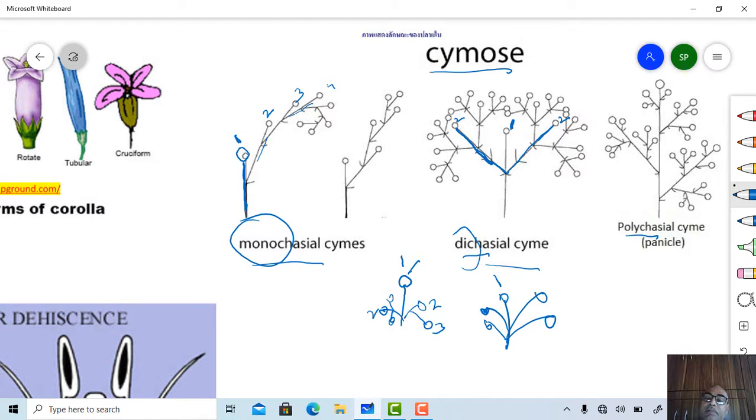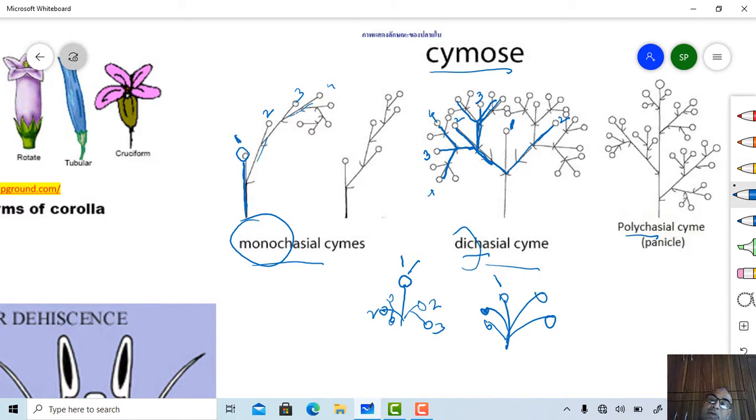Again this one acts as a first one, and it produces first and second. So these are the third flowers. Again if you see here, these are the fourth flowers.